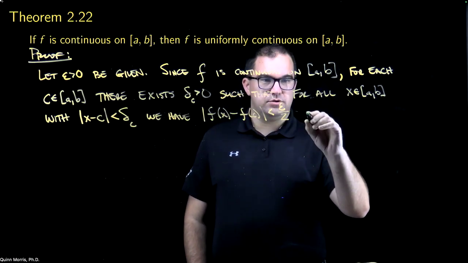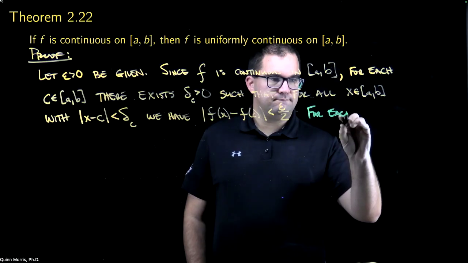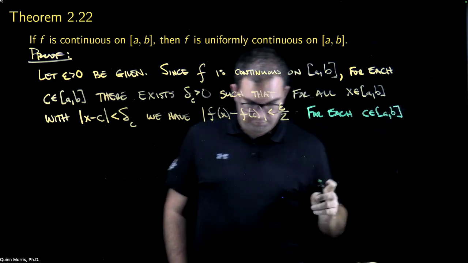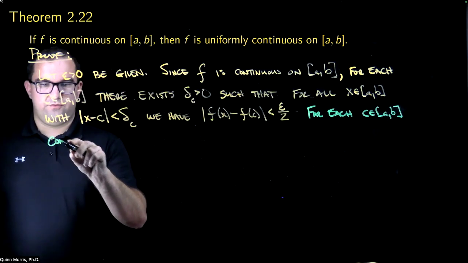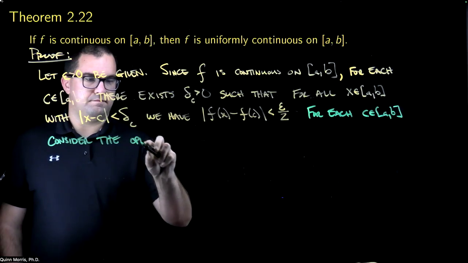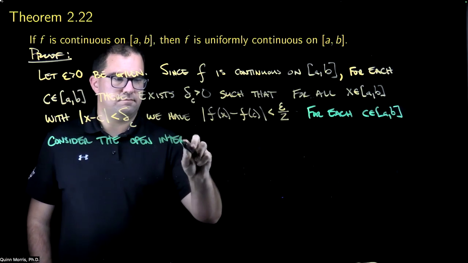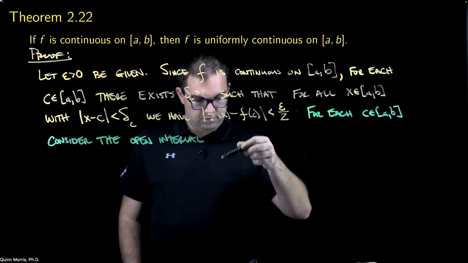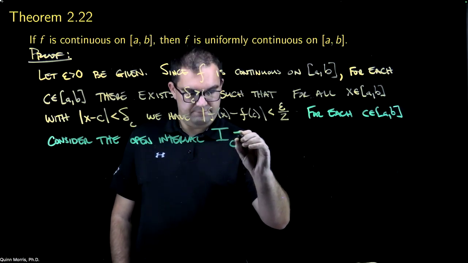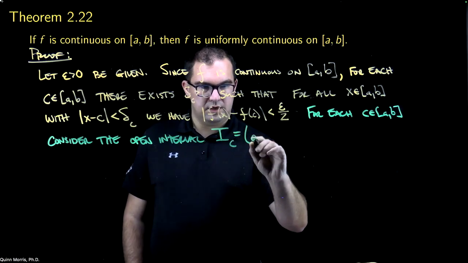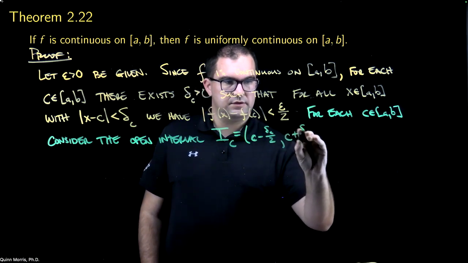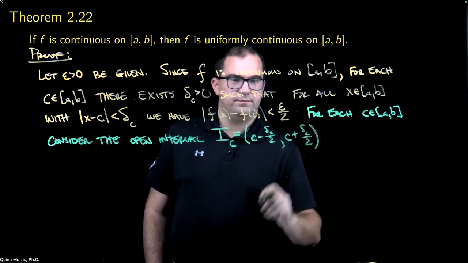So for each C in my interval AB, we're going to consider the open interval I sub C, which is going to be C minus delta C over 2, comma, C plus delta C over 2.